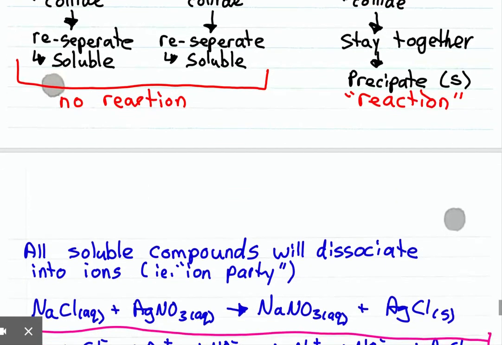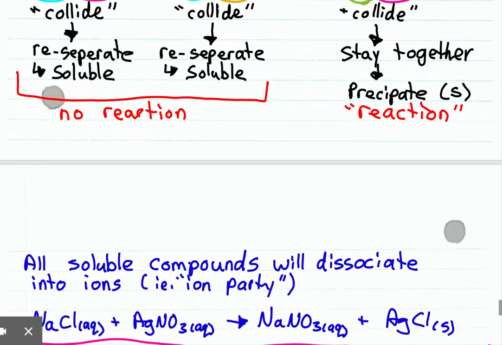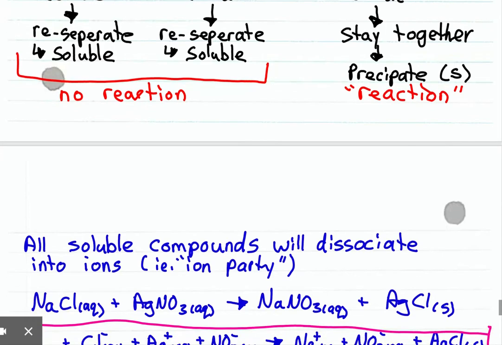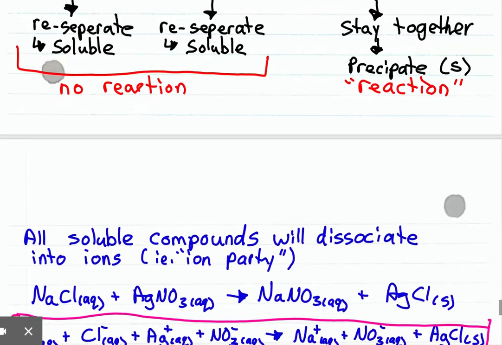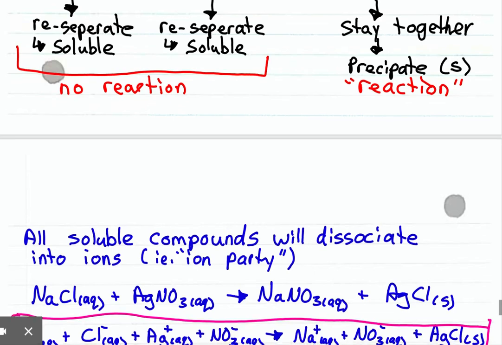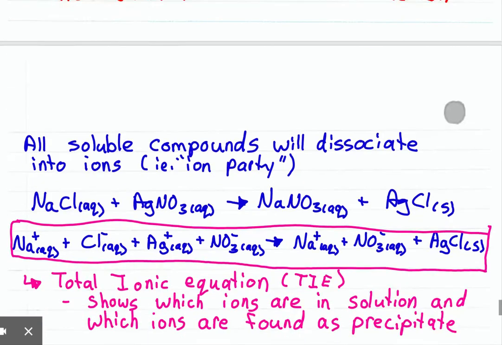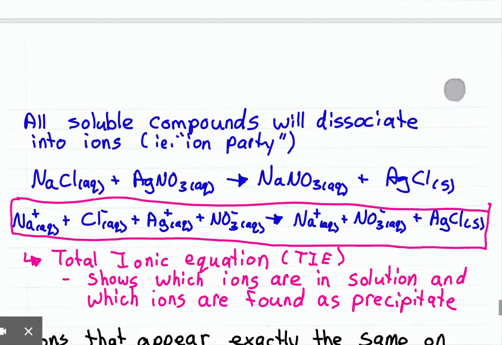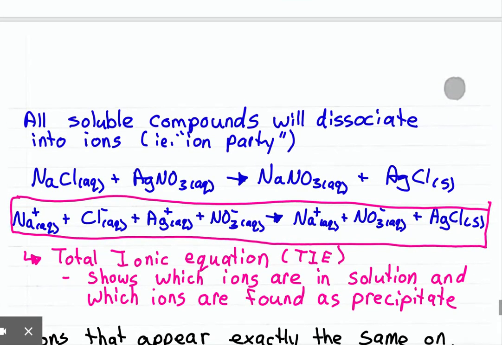Okay. All right. So we know now that all soluble compounds are going to dissociate into ions, into our ion party. So if we look at our balanced chemical equation for this double displacement reaction, sodium chloride aqueous plus silver nitrate aqueous makes sodium nitrate aqueous plus silver chloride solid.